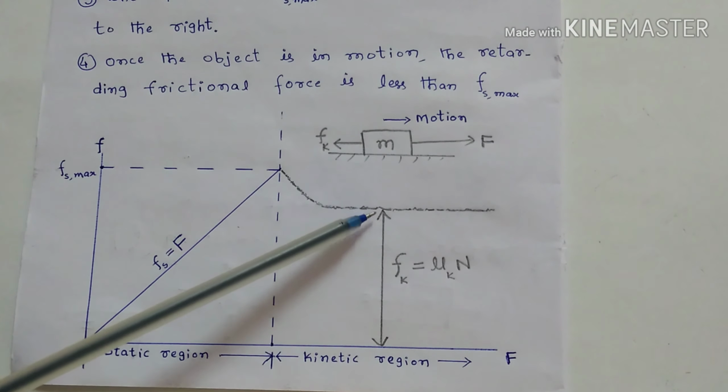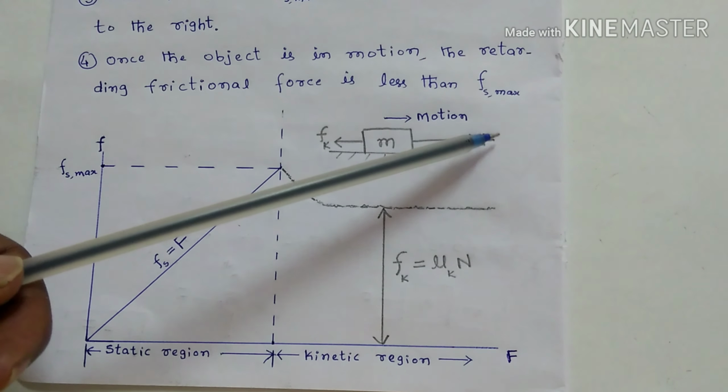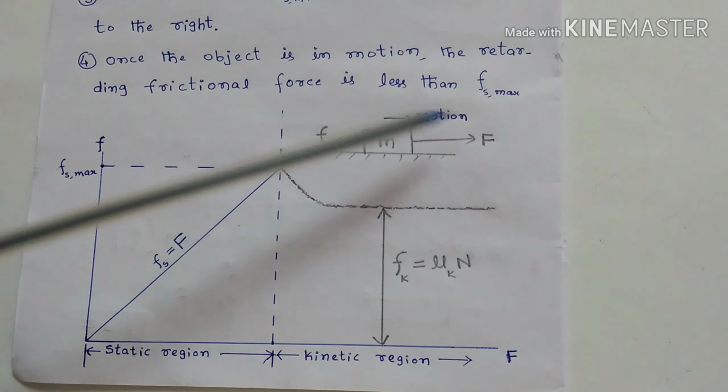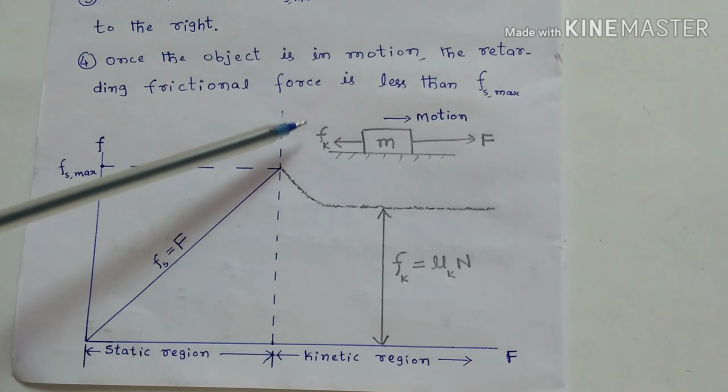We will do some problems. You will understand very clearly. You see here, the object is here, and you are applying the external force. F is bigger, larger. So Fk, the kinetic friction, opposes this force. But this capital F applied force is more than this.